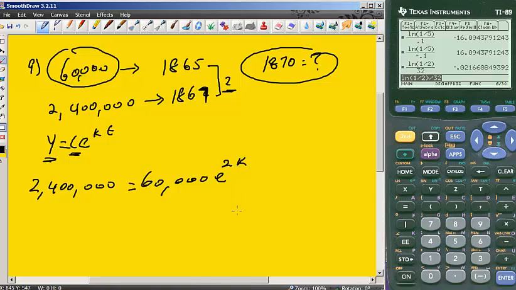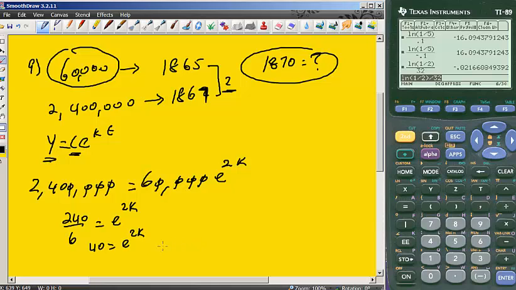So let's go ahead and solve for k, and then we can plug it into our equation. Let's cancel out all the zeros: 1, 2, 3, 4, cancel out 1, 2, 3, 4. So what I have is 240 divided by 6 is equal to e to the 2k. 240 divided by 6 gives us 40 is equal to e to the 2k.